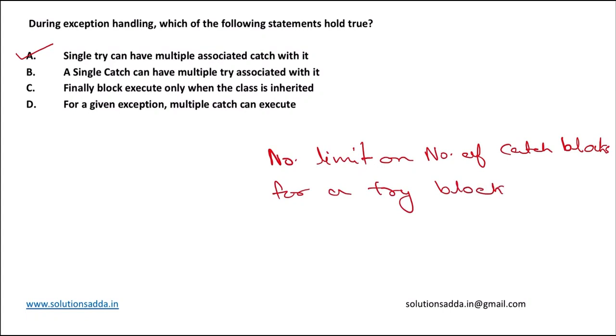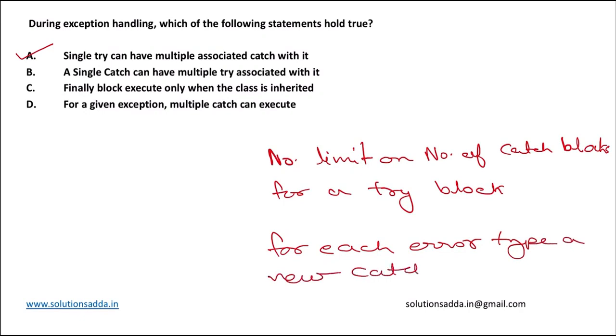Because error can be of any type, and for each error type a new catch block can be defined. So suppose in a try we catch different types of error. So for each error type a different catch block can be defined. Hence option A is the correct answer. Single try can have multiple associated catch with it.